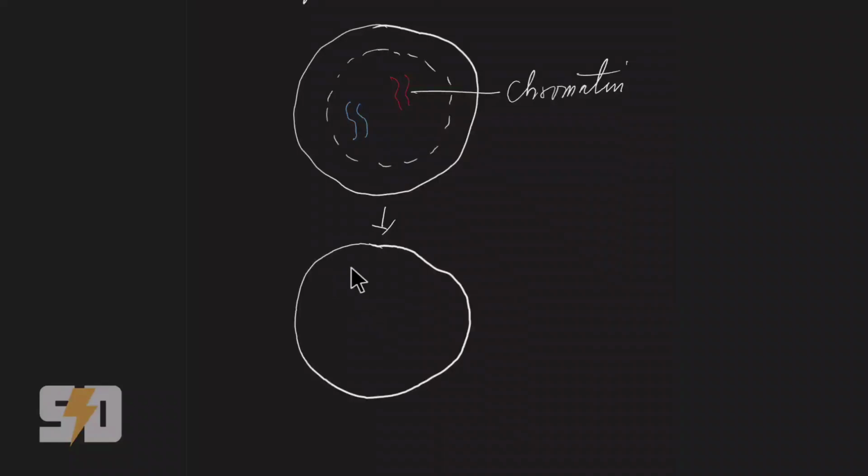During the interphase, we still have the presence of the nuclear membrane, but our chromosomes are multiplied or doubled. So we're going to have duplicates of this.